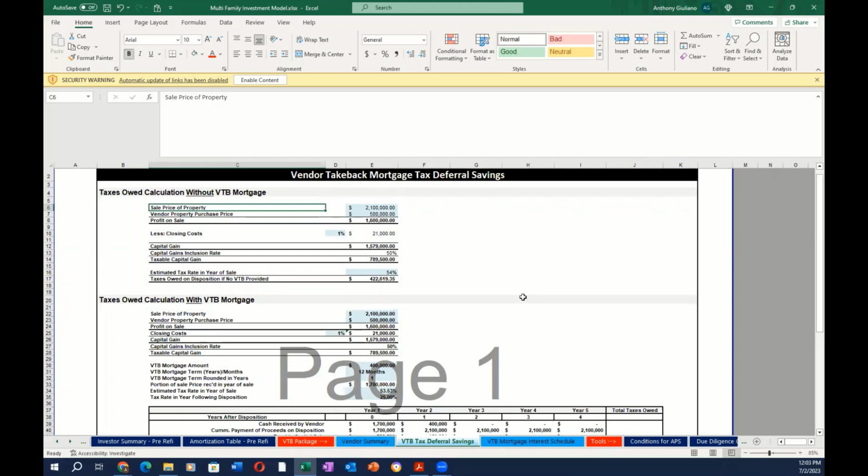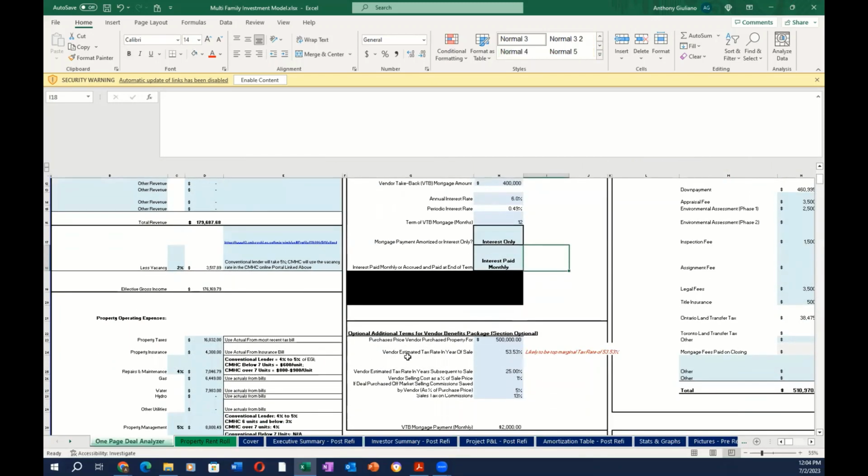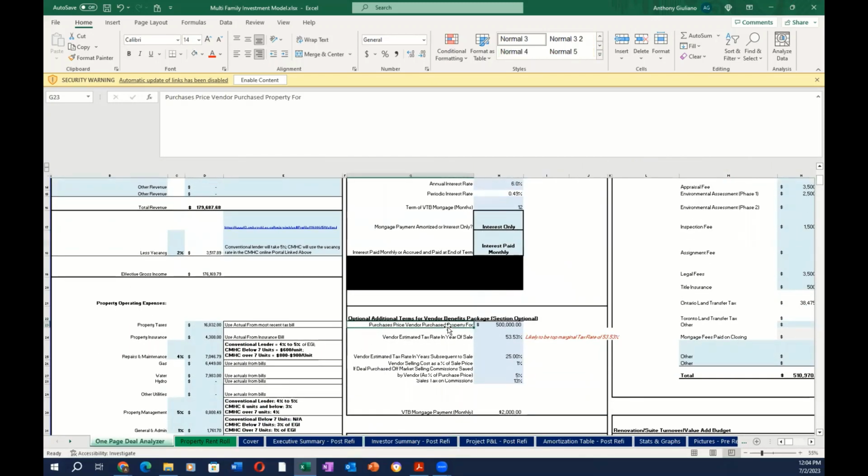Now, like I said, there was an optional section in the VTB mortgage section over here where you can enter this information, which you may or may not have. If you're going to be presenting the vendor what their potential tax savings will be, it will require you to know what they bought the property for and maybe some more personal details like their income tax rate in the year of sale and subsequent years.